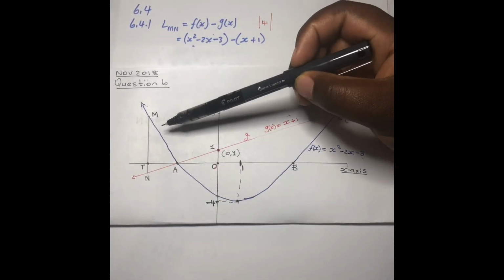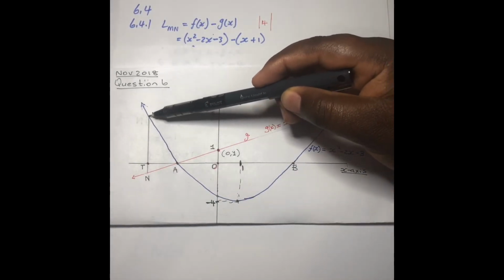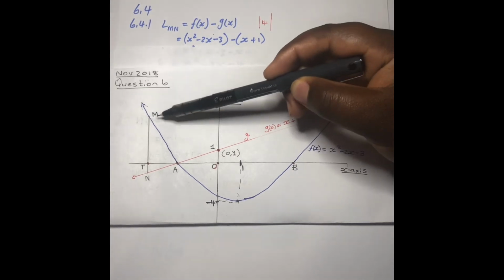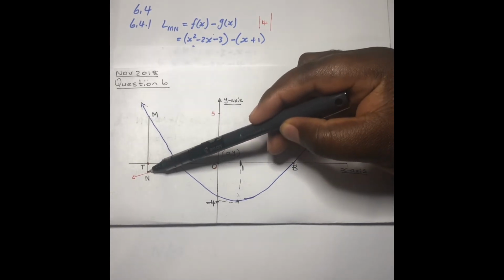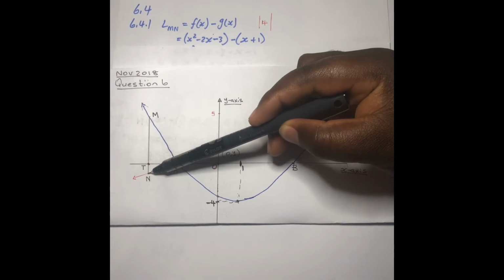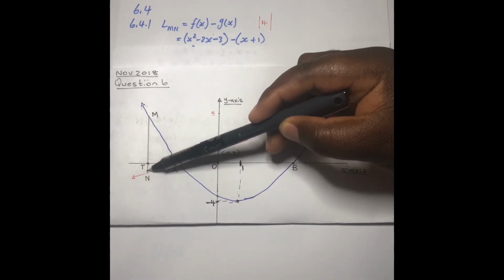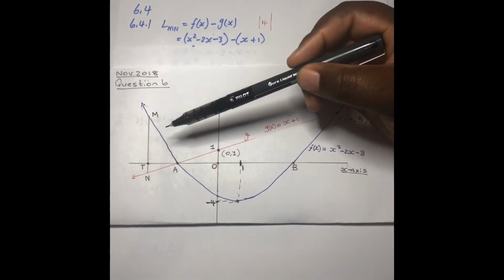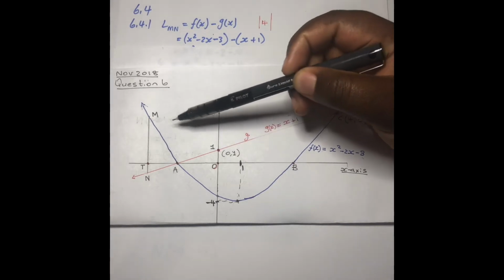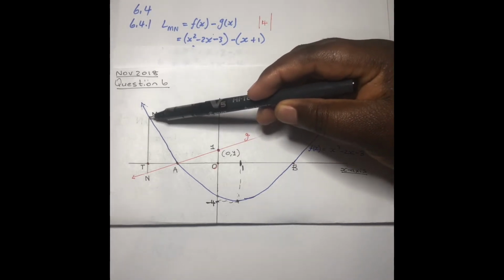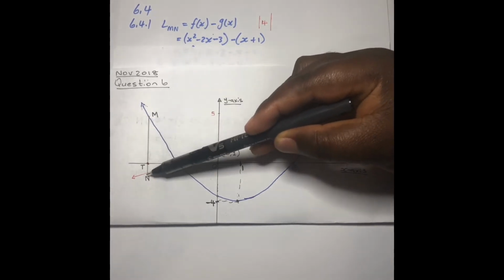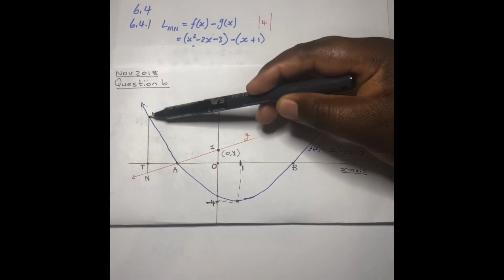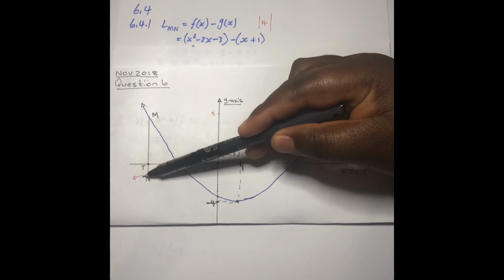So with this type of question, you already know that at the point M, and also at the point referred to as point N, you've got a length which is already given. In terms of formulating the formula we can use to calculate the distance from that point to this point, it's the difference of this formula and that formula.